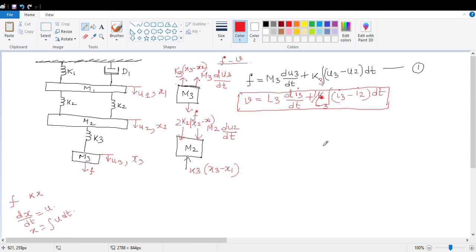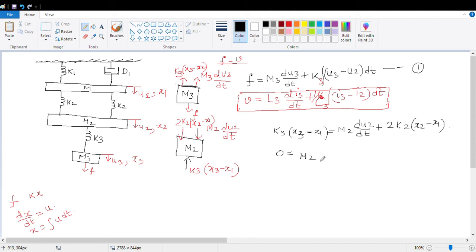Understood? So we can write this equation as k3 times x3 minus x1 will be equal to m2 du2/dt plus 2 k2 times x2 minus x1. So if this happens, now I can write it in this fashion as well. I am taking it as 0.